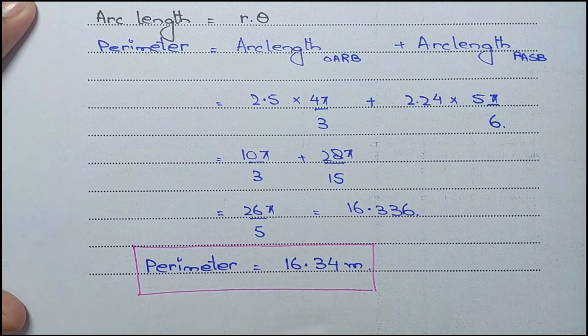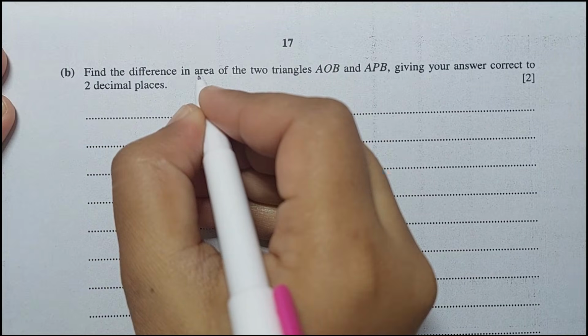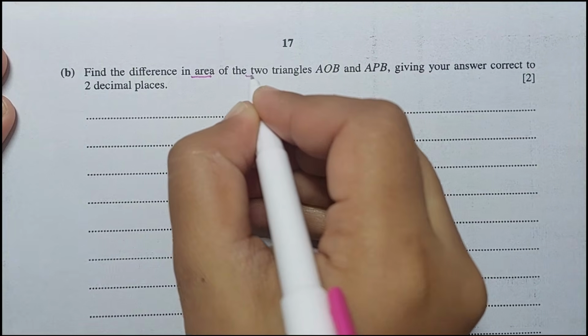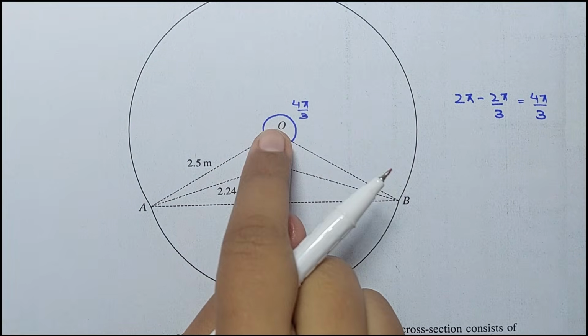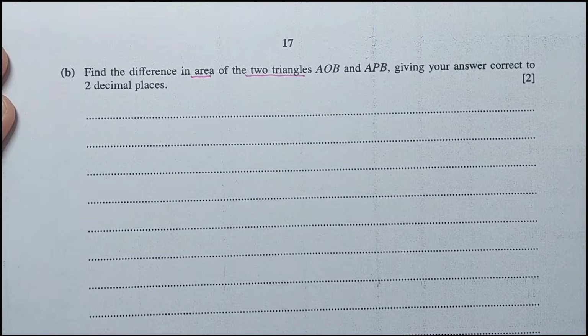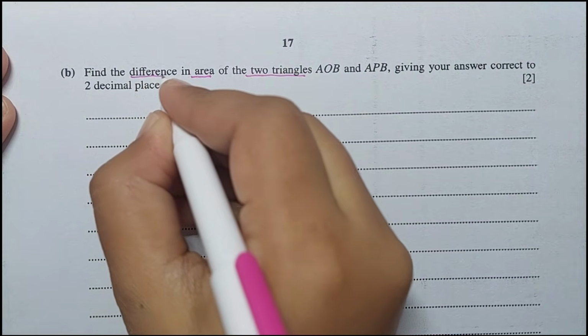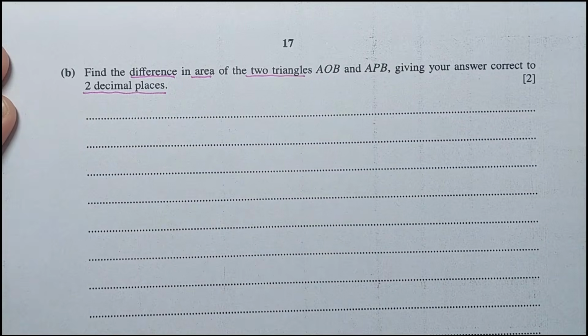All right. Now for part B, find the difference in area of the two triangles OAB and APB. Triangle OAB and PAB, the area of the two triangles, and find their difference, giving your answer correct to two decimal places. Now we need to figure out the area of the triangle.